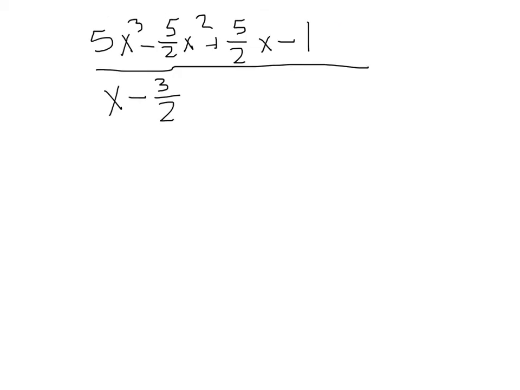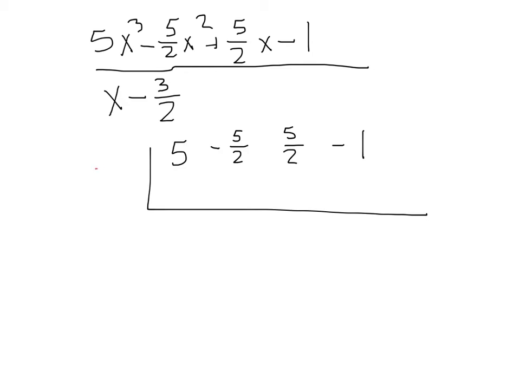Now that we have our problem rewritten without a coefficient next to this x in the bottom, we can go ahead and set up our synthetic division problem. So my coefficients are going to be 5, negative 5 halves, positive 5 halves, and negative 1. My number on the outside here is going to be the opposite of my x minus 3 halves, which is going to be positive 3 halves.